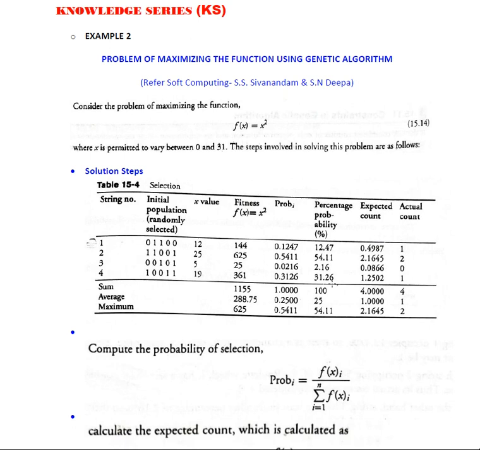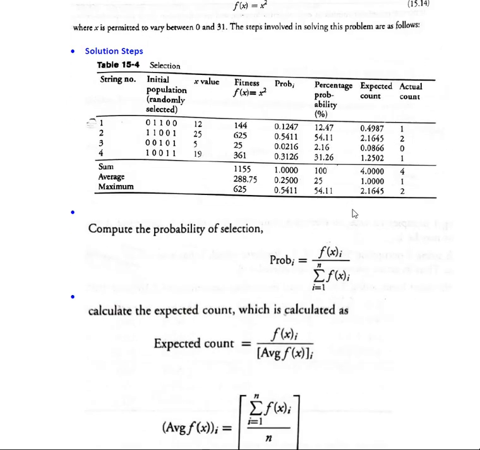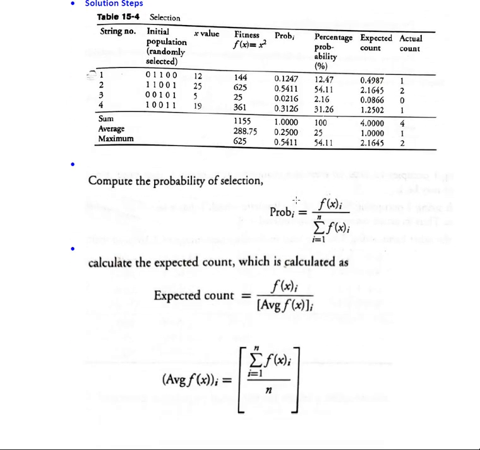So if you see this one, if you take the percent, if you look across 54.1, if you take a circle and look for the 54.11, before I go to that, you see the probability of this one is total f of x divided by total sum.